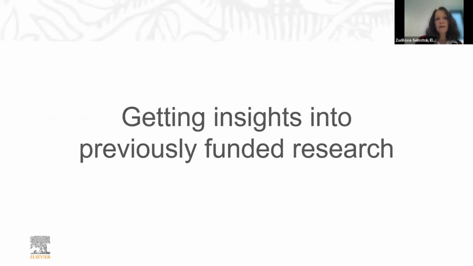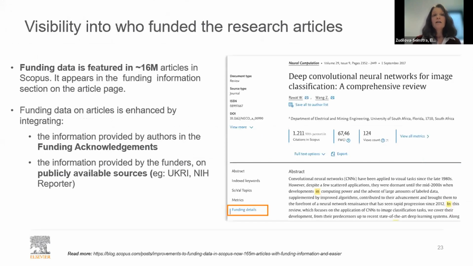So moving on. We just looked at how we can search for funding information. But what about research that was sponsored by certain grants, how could you relate to the funding information by looking at the published research? More than 16 million articles in Scopus feature funding data.